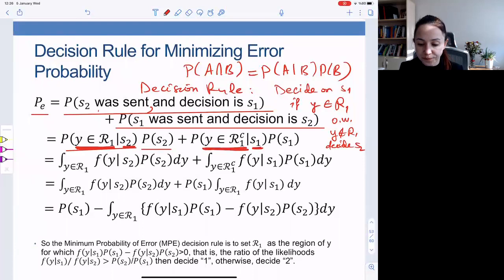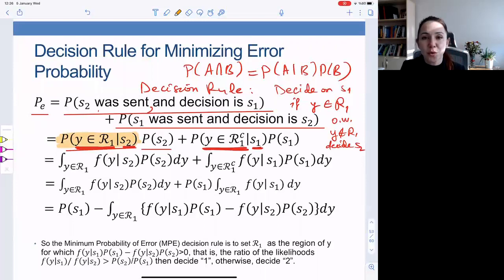Now we can write these probabilities if we know the conditional PDF of Y under the condition S1 or S2.